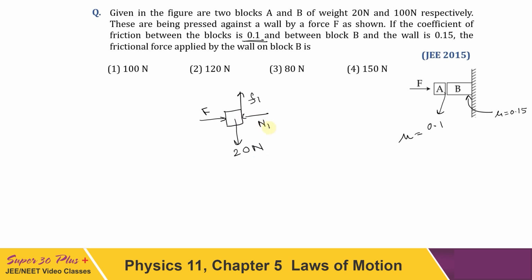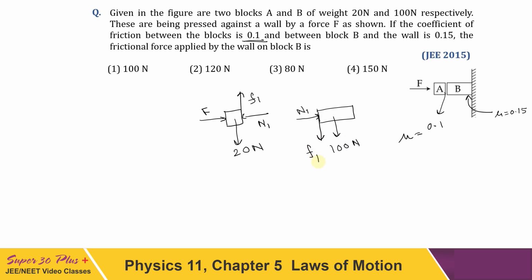Now if we draw the free body diagram for B, what forces will be there? This N1 which is by A, and its weight, which is given as 100 Newton. B had applied a frictional force in the upward direction on A, so A will apply a frictional force in the downward direction having the same magnitude.